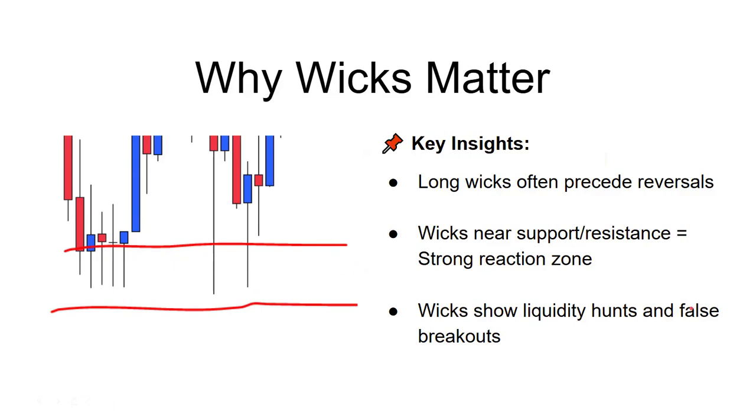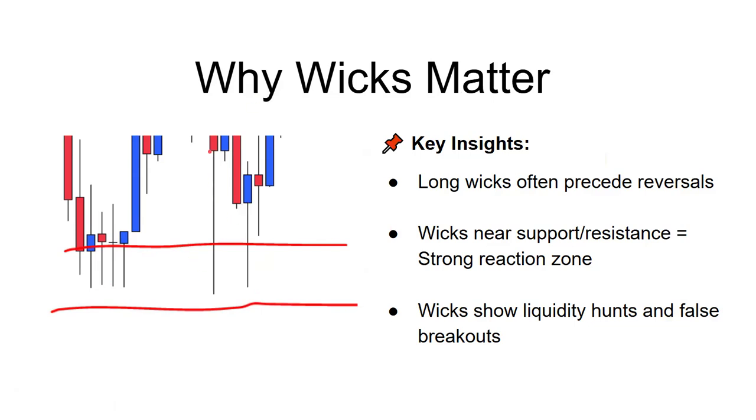Wicks show liquidity hunts and forced breakouts. Of course, institutions, or smart money, may be trying to push price into this level to take out the stops of retail traders, to grab enough liquidity to push price to the opposite side.